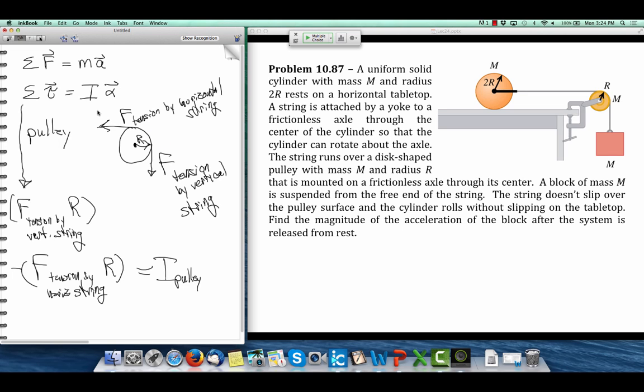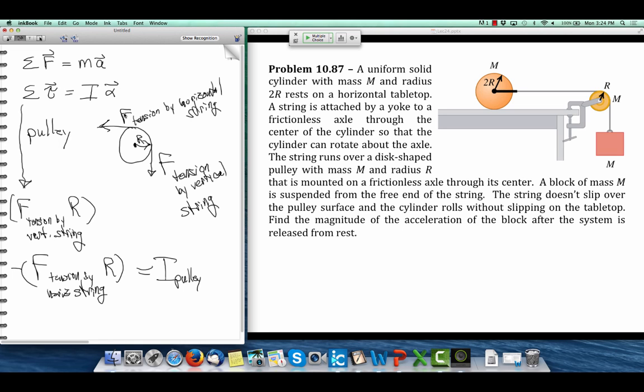But you're right. Another way of saying it is the reason the vertical tension is larger than the horizontal is that this pulley is pulling counterclockwise on the string. If the pulley pulls counterclockwise on the string, then by Newton's third law, the string is pulling clockwise on the pulley.